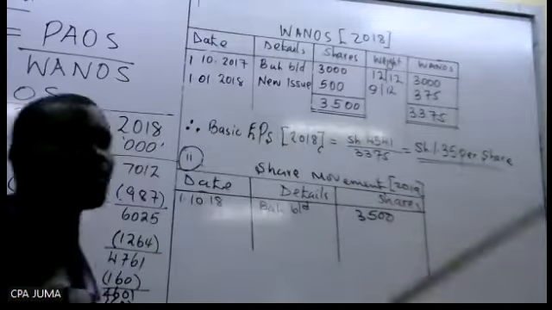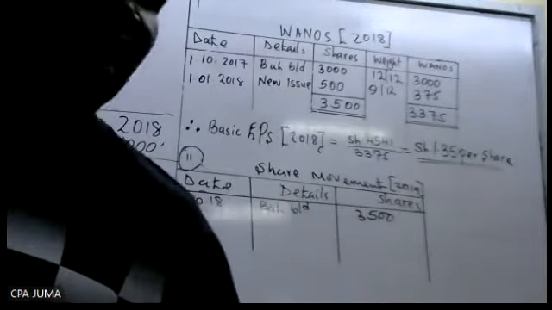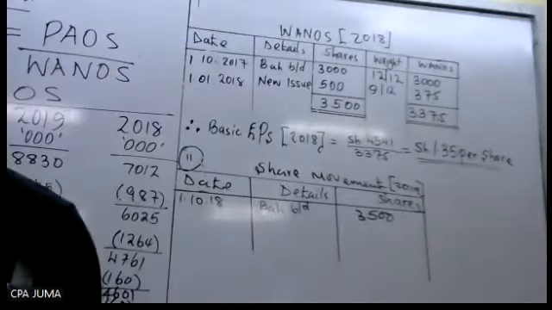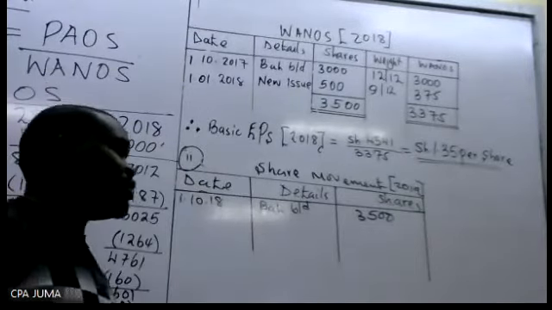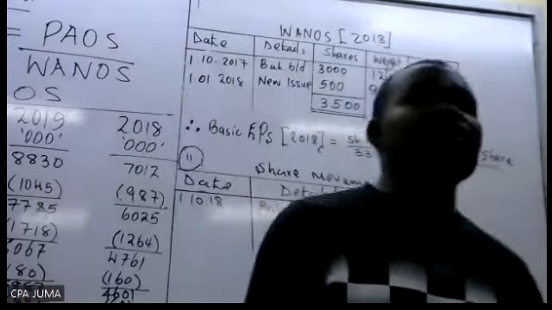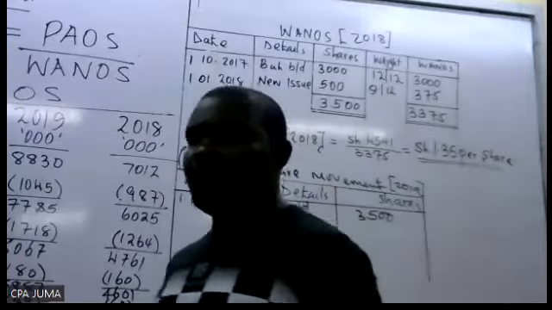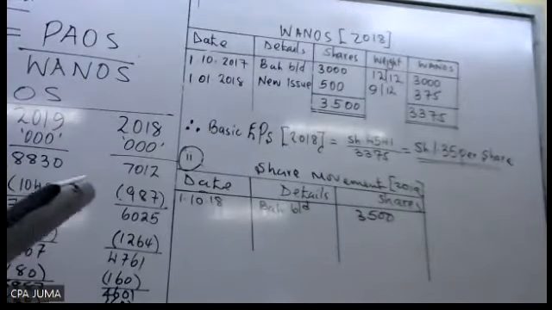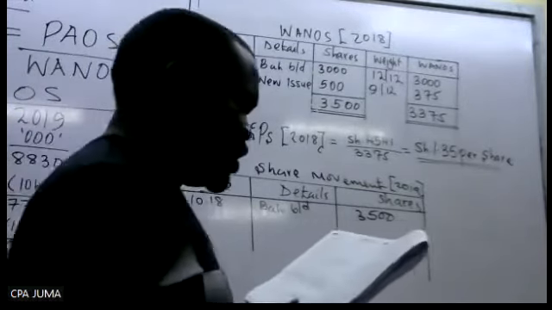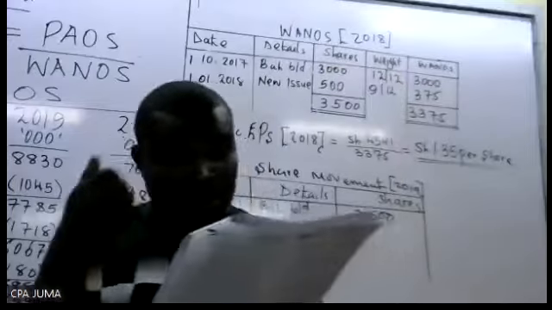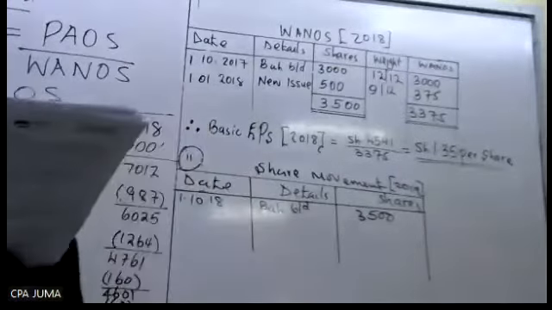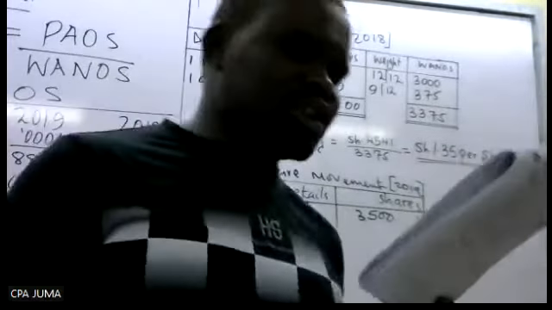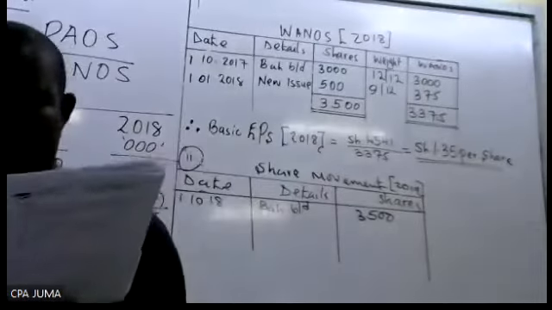Then go back to where we stopped in the notes, in the additional information. We are now in note number 3. The Kika Limited also made a rights issue of 2 new ordinary shares for every 10 ordinary shares held.